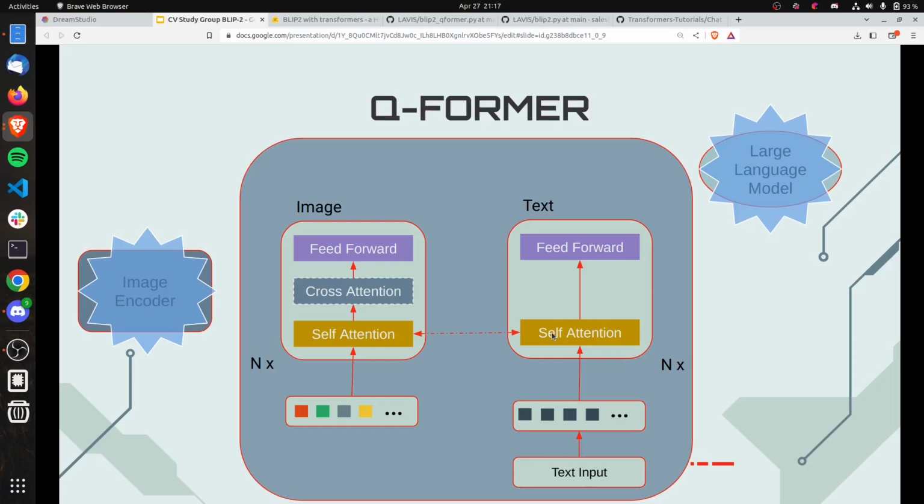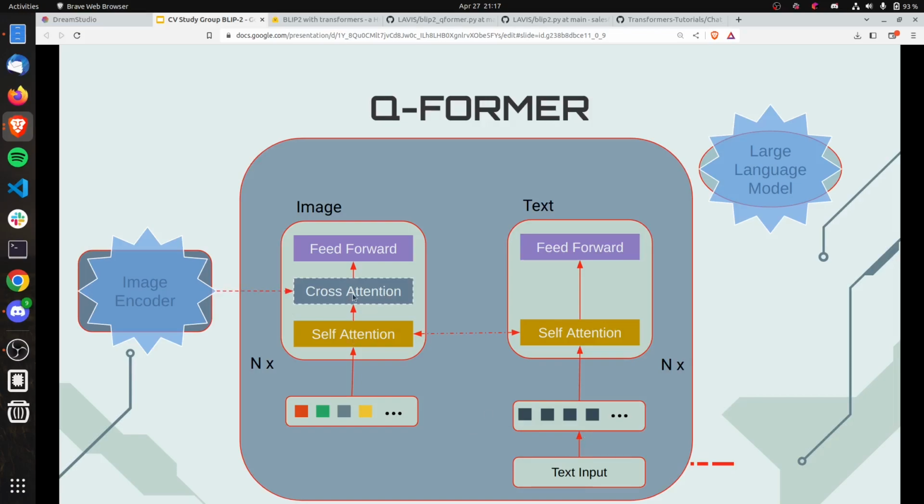It's depicted as two self-attention boxes, but when you look at the code, there are no two separate self-attention things, but one big self-attention that gets masked depending on the pre-training task you want to perform. That way, these query tokens can interact with the text tokens, which is pretty neat.